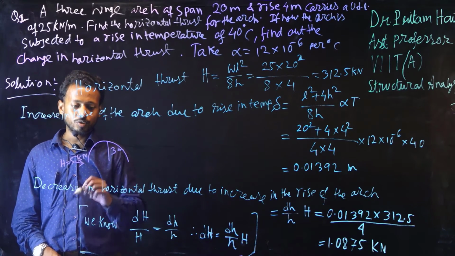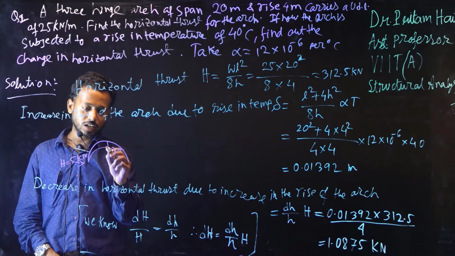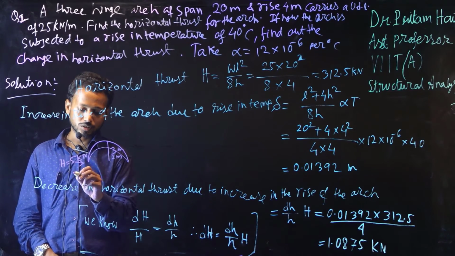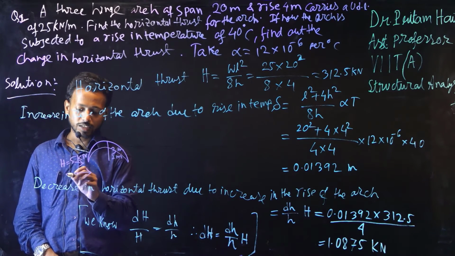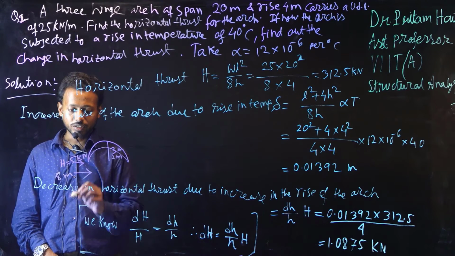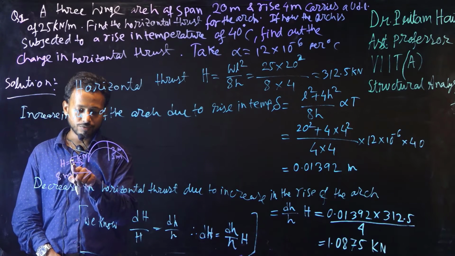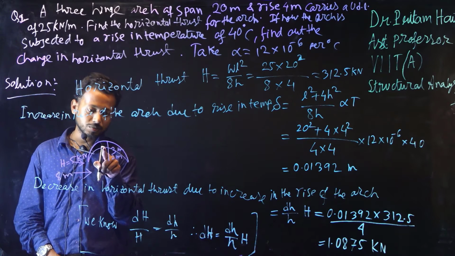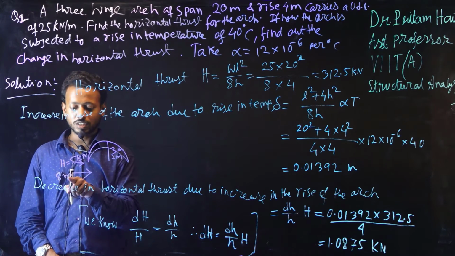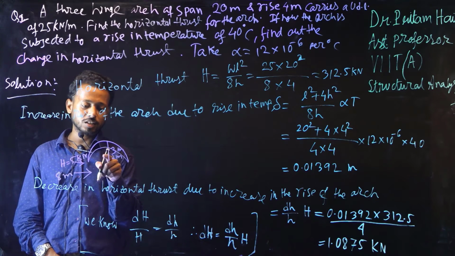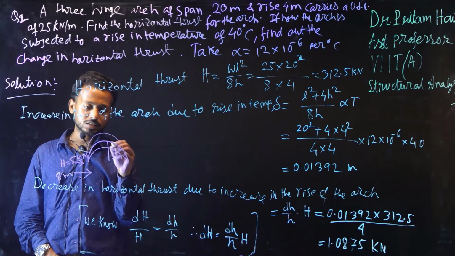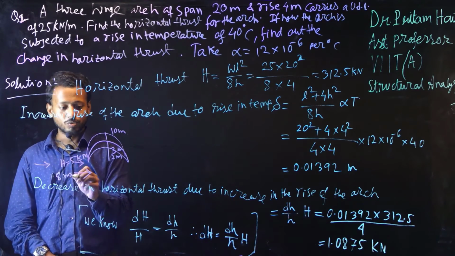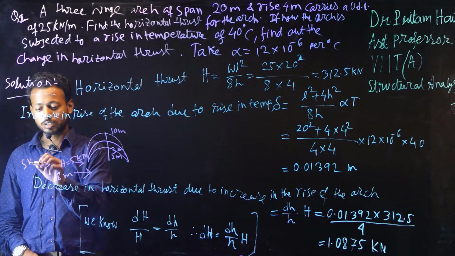Okay, so if I decrease the rise of the arch, say this is 2 meter, the horizontal thrust will increase, say this is 8 kilonewton. Okay, so if the horizontal thrust is 5 and rise of the arch is 3 meter, and if the rise of the arch decreases, the horizontal thrust will increase. If the rise of the arch increases, suppose this is 10 meter, then the horizontal thrust will decrease, say this is 5 kilonewton.